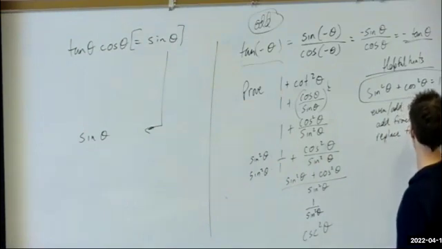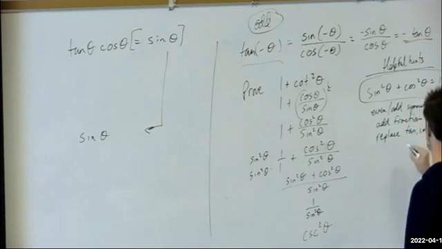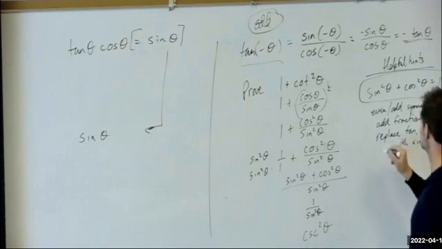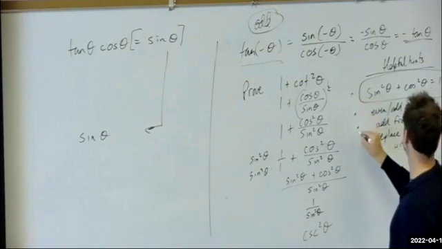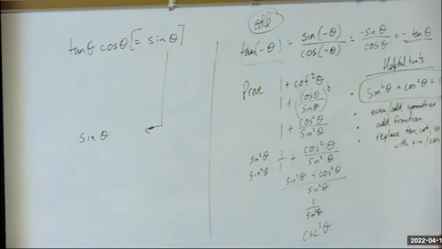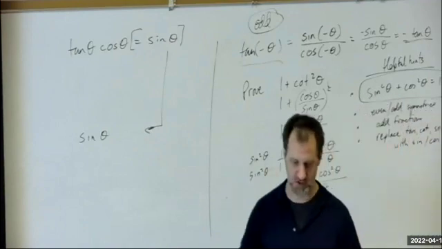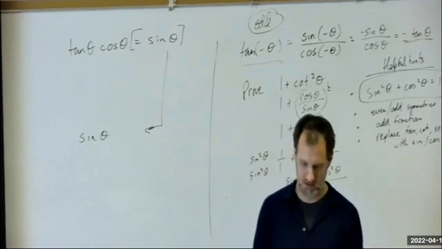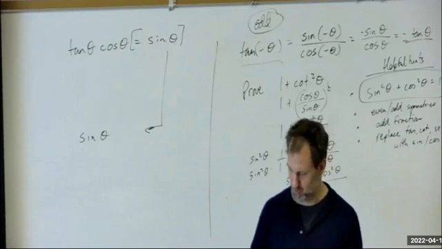Replace tan, cotan, secant, cosecant with sine, cosine. So it should be one of your first moves, simplifying everything in terms of sine and cosine. So what would you do here?